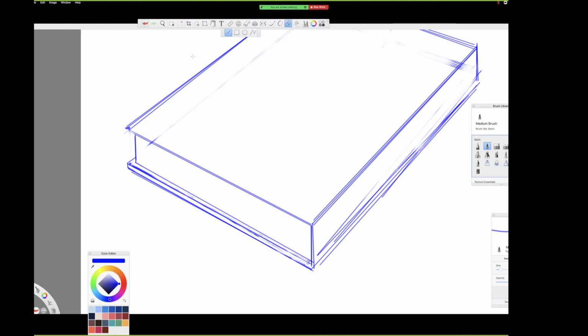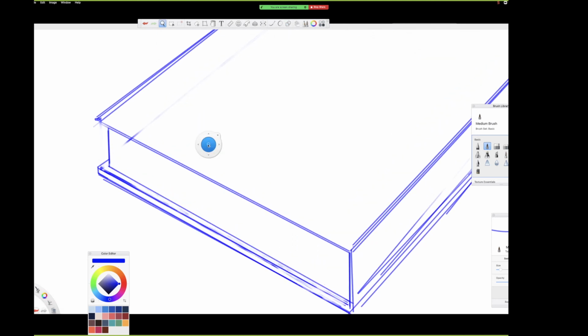So I got 3 lines here denoting that, and then I can go in with shading eventually and start to play with that stuff. But here's, if you can see it, the thickness of the book here. Oh, it's too thin. This is like a vertical plane right here.